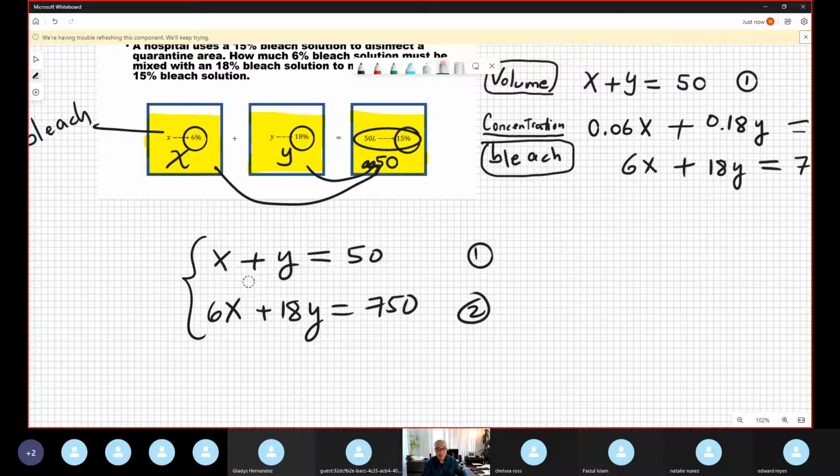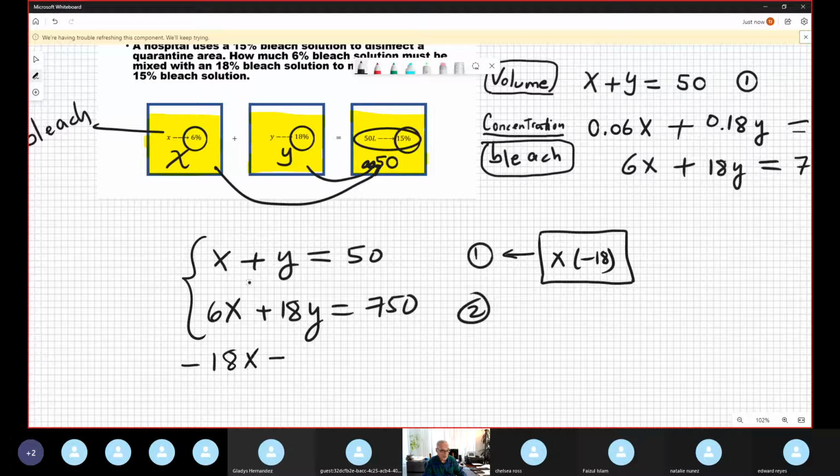Elimination. Okay. In elimination, maybe you multiply the equation by negative 6, but okay, let's do it by negative 18, because I did it in my paper like that. Multiplication by negative 18, the entire first equation. So we have negative 18x minus 18y equals 50 times negative 18, which is negative 900.